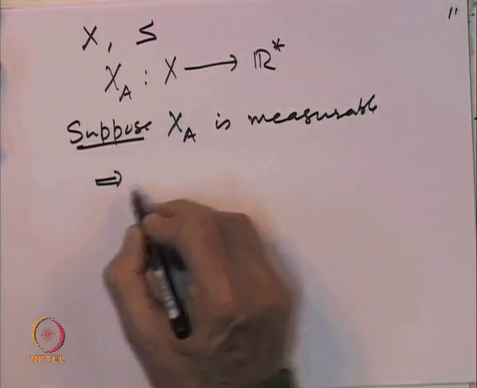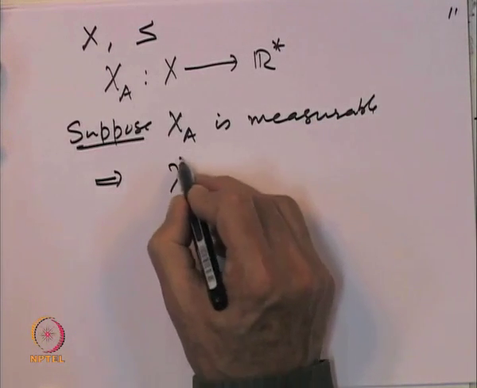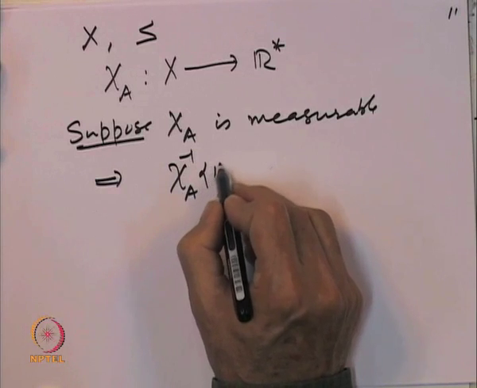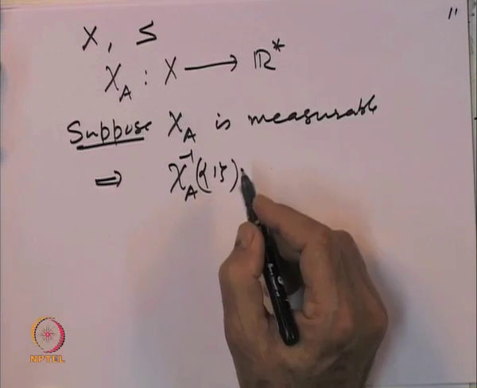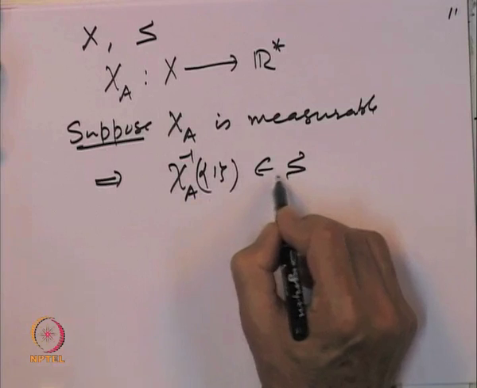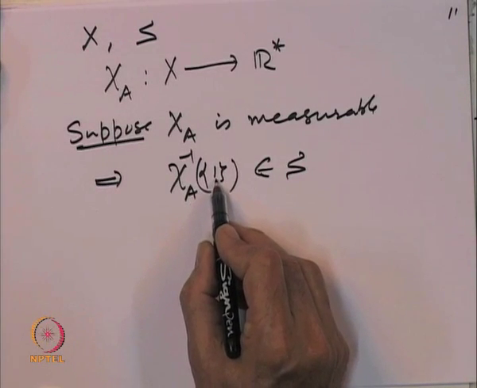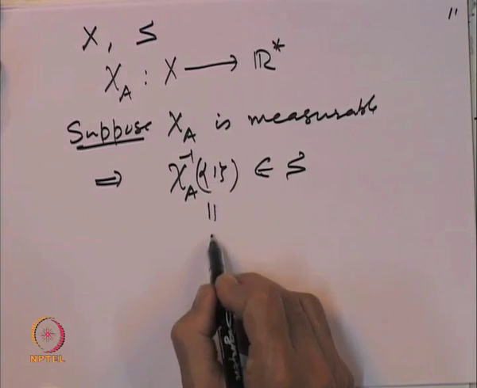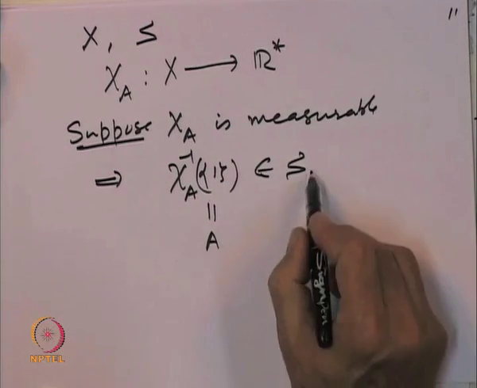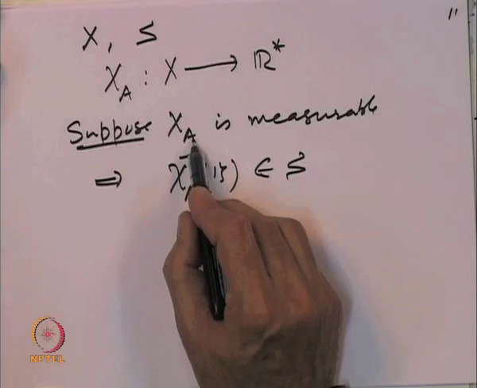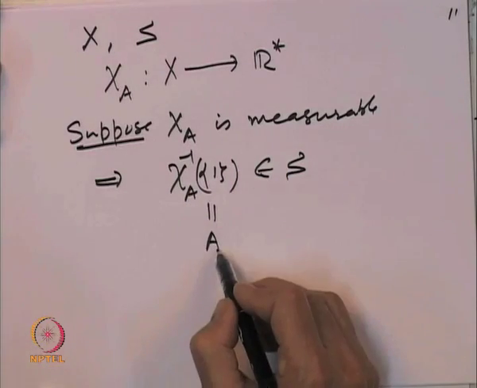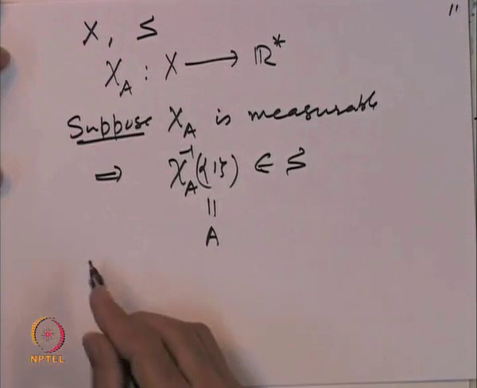So, that implies, if I look at chi A inverse of the singleton point 1, that belongs to S. But what is that value? So, what are the points where it takes a value 1? That is precisely A. So, that is the set A. So, A belongs to S. So, if the indicator function is measurable, then we get A belongs to S.